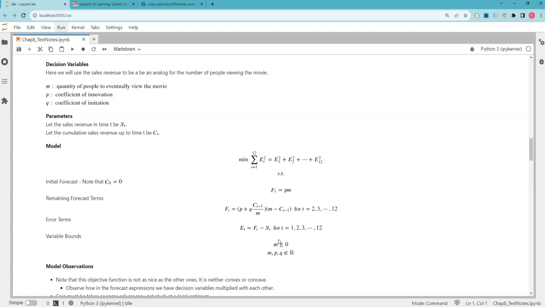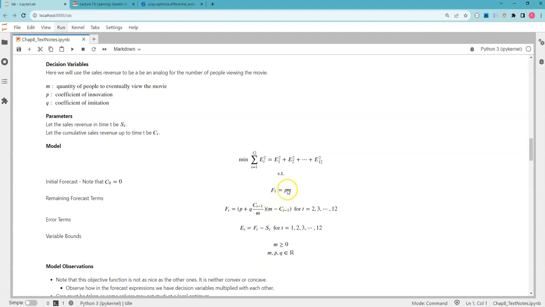In this case, we don't have that, and I guess when you look at that, you can see it. Probably the best place is here, is you're going to end up showing there's going to be products of your decision variables. And I guess the best way I can see that is if we work from the top, we've got an error term that is squared. Inside of the error term, we have this forecast term. And if we look at the forecast term here, notice when I go to quote-unquote FOIL this expression out with the first terms times each other, I already have p times m.